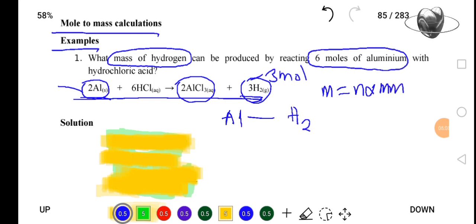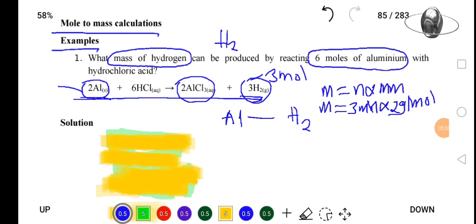So, what are we going to do? We are going to say mass equals 3 moles times the molar mass of hydrogen, just hydrogen here. The molar mass is 2 times 1, so it will be 2 grams per mole. So we say 2 grams per mole. A mole and a mole cancel.